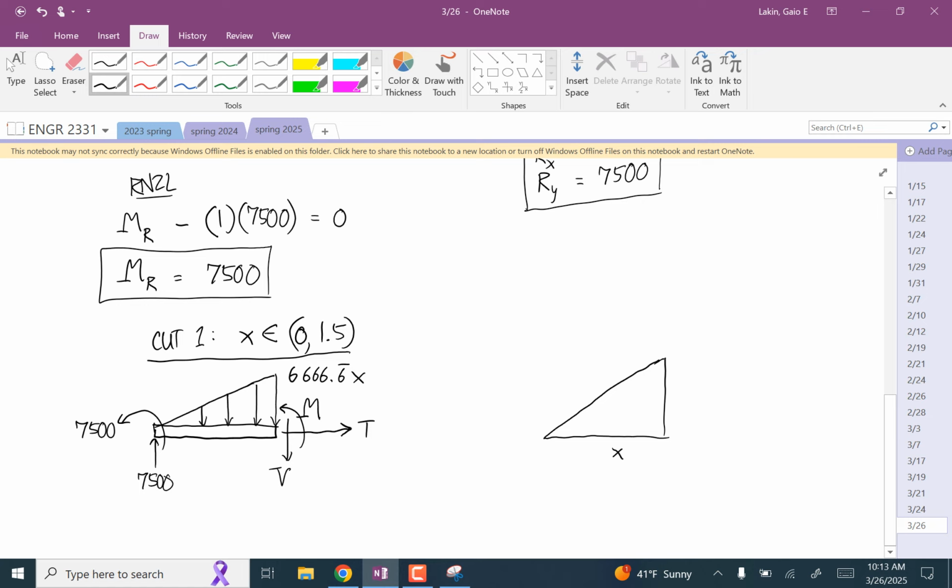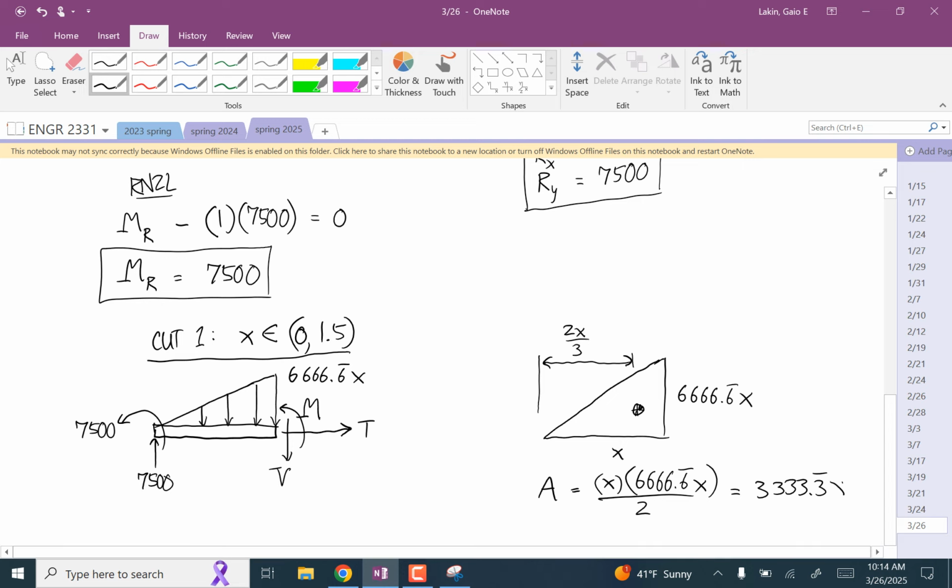So this length is x. This height is 6666.6 x. The centroid is here, and this distance is 2x over 3. And the area is x times 6666.6 x over 2. So that's 3333.3 repeating x squared.